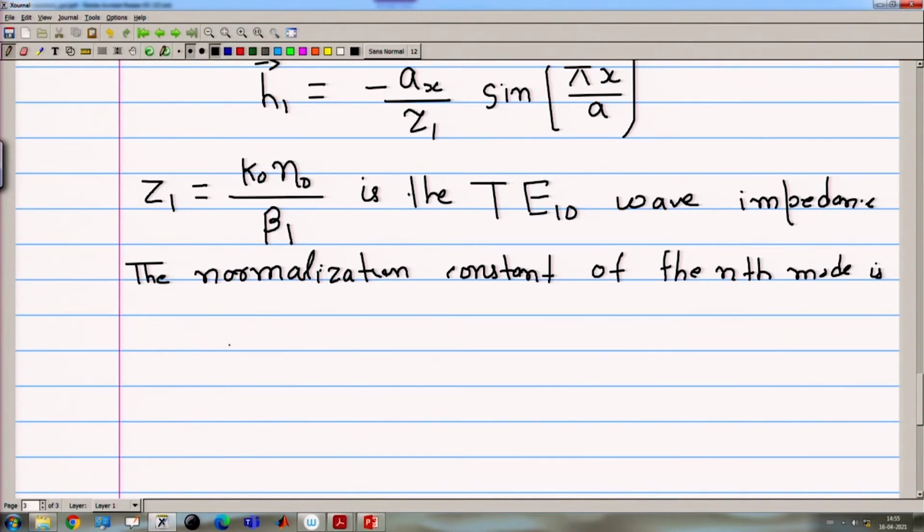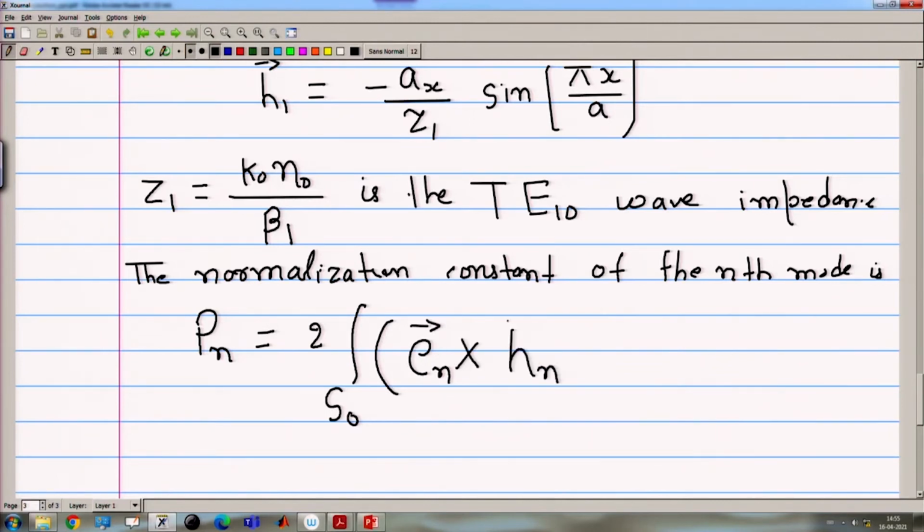We know that the normalization constant, denoted as Pn, is equal to 2 upon S naught, integral of En cross Hn, dot product with Az, ds.